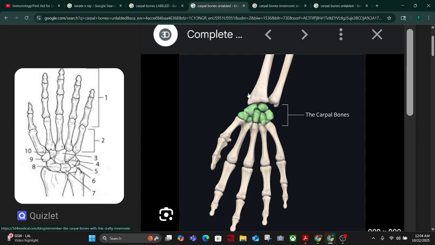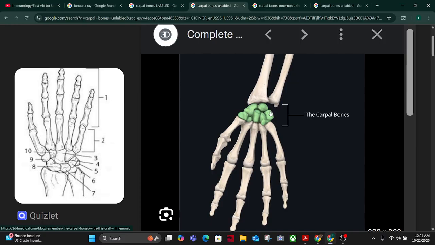Look at the radius first. Then you look at the scaphoid. She looks too pretty. And then what did I say? The trapezium is always going to be right next to the scaphoid, right? Try to catch her. Okay, so she, which would be scaphoid, looks is a lunate.